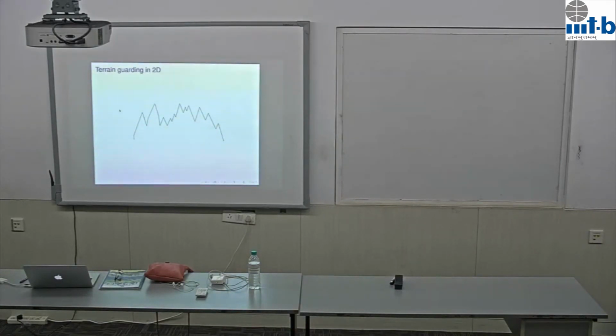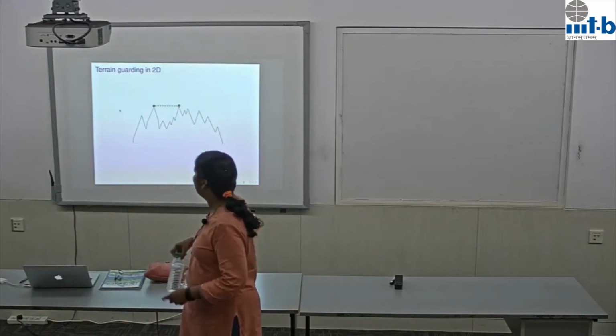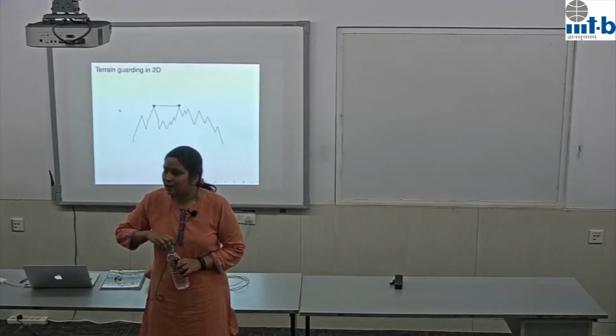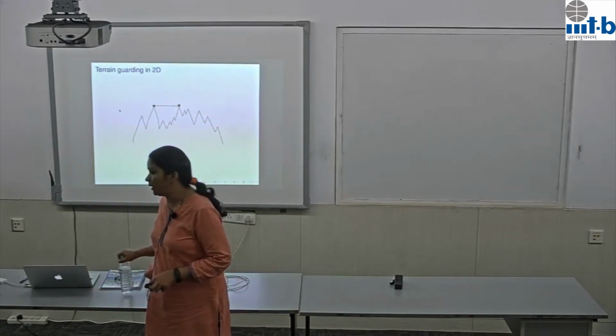So in 2 dimensions, you want to guard the edges of the terrain, and 2 points see each other if the line segment connecting them lies entirely above the terrain. So this is terrain guarding. Of course, 2D is a more simplified version of 3D. The minimum guarding problem was proved to be NP hard and APX hard, and it's well studied.